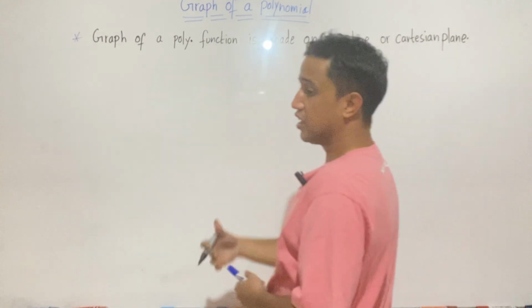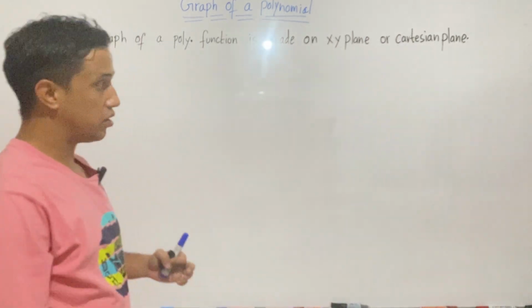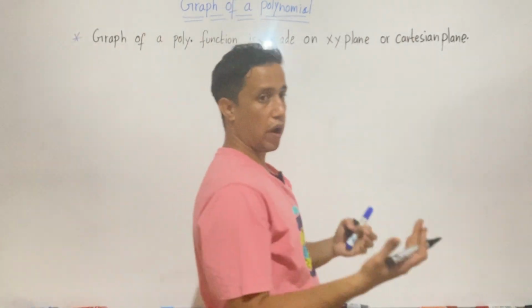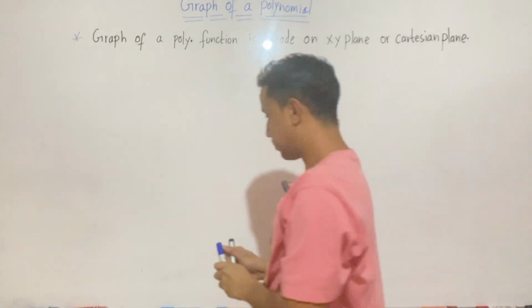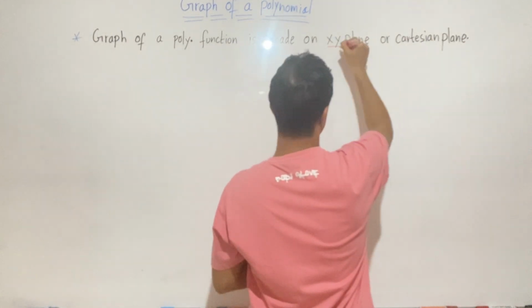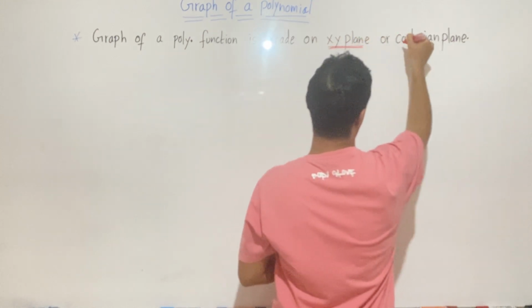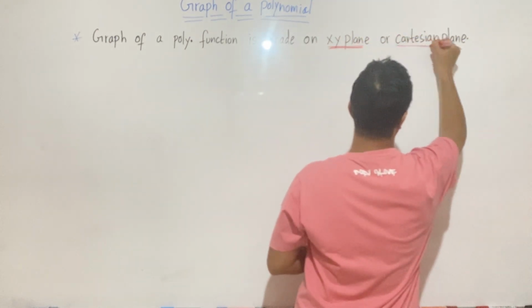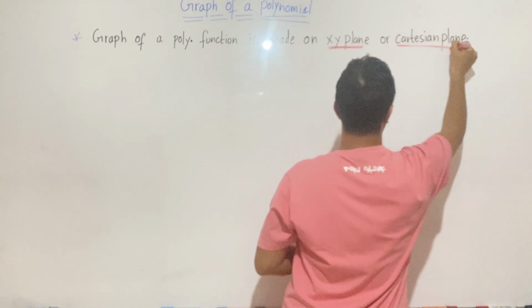So the graph of any polynomial is made on the xy plane. We call it the xy plane or Cartesian plane. Both are the same.